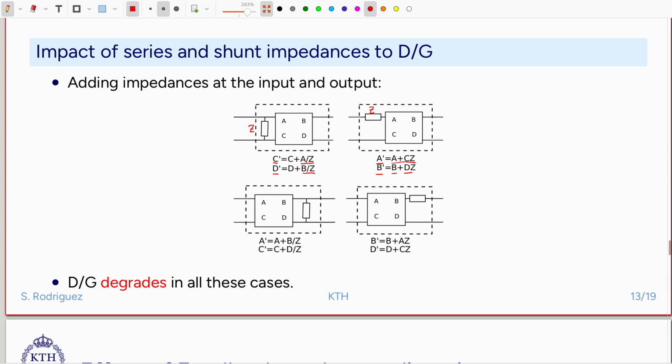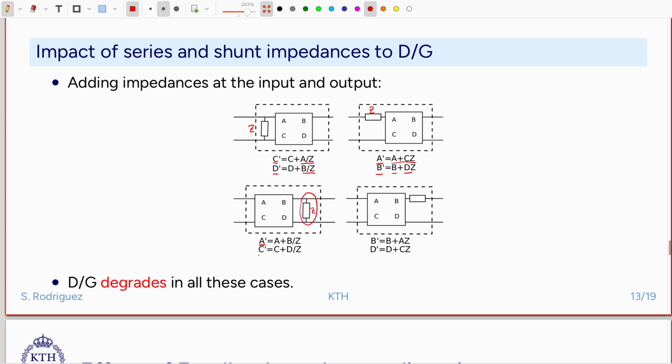Now, what happens at the output? Maybe we might think that adding passive components that are very linear will linearize the system, and it turned out that actually not. If we add parallel impedance at the output, the voltage gain will be reduced, meaning that there will be less gain in the loop, and the differential error to gain will be reduced.